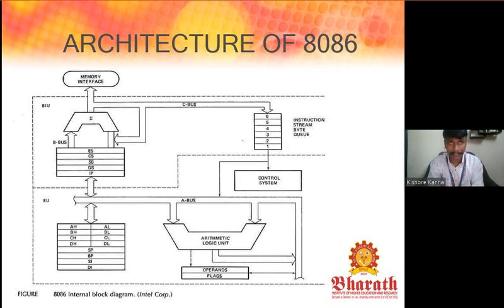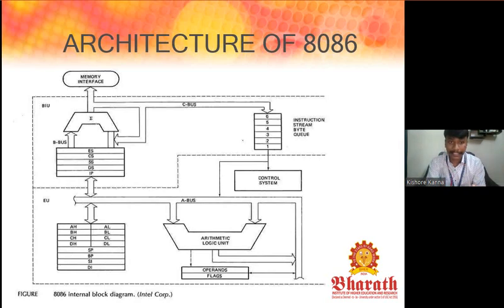Memory interface means a storage area where the processed data, or data which is yet to be processed, or which is being processed to produce the output, everything will be stored as data or a component in the memory interface, which is known as the storage area.